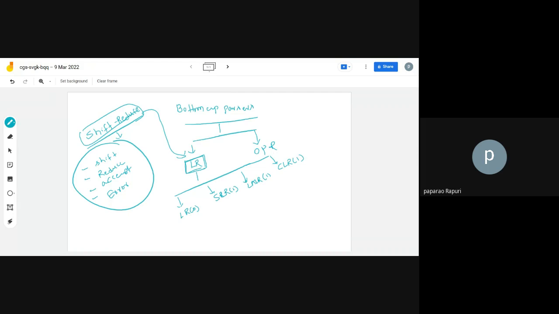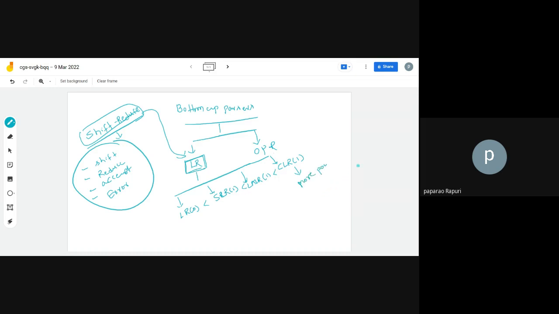So you may get a theoretical question asking which of the parsers is more powerful. LR(0) is less powerful than SLR(1), SLR(1) is less powerful than LALR(1), and LALR(1) is less powerful than CLR(1). So finally, the most powerful parser among the LR parsers is CLR(1).